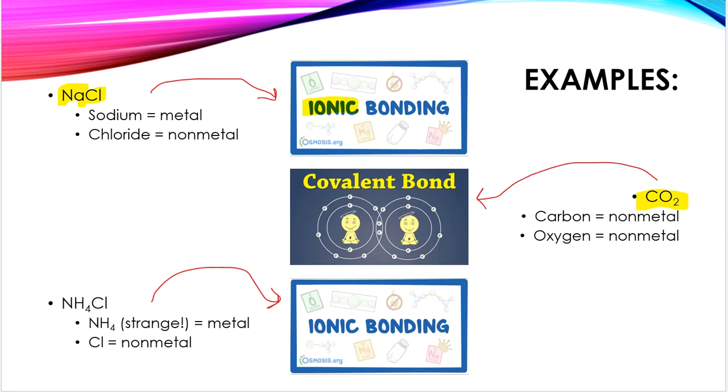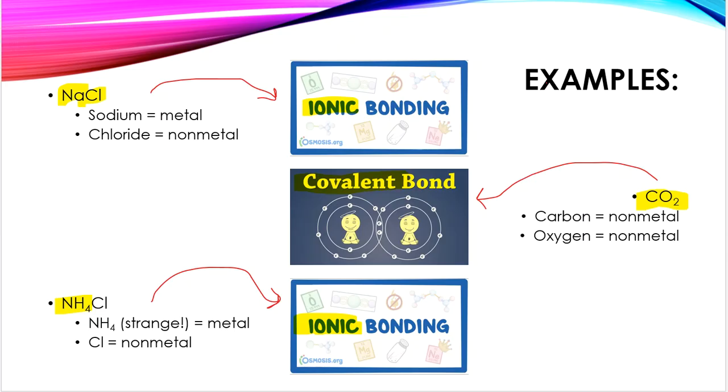Therefore, it is covalent bonding that holds that molecule together. And then NH4Cl. NH4 has to be treated as a group, and that's the strange one. It is a metal classification, and Cl is chloride. So metal and non-metal make an ionic compound in this case, and that is a transfer of electrons, and that transfer is the glue that holds these molecules together.